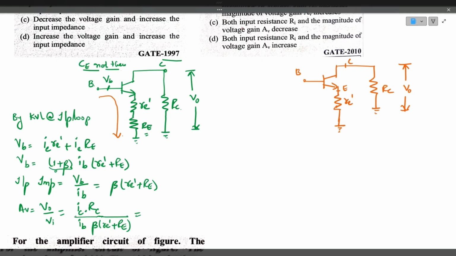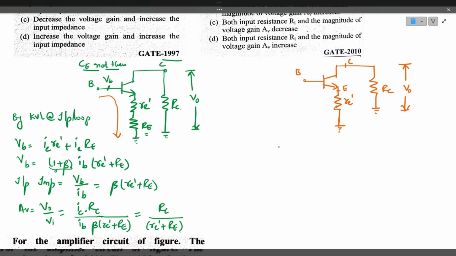Now IC by IB is nothing but the current gain beta. Beta gets cancelled. The voltage gain can be written as RC divided by (small RE dash plus capital RE). This is the voltage gain when the emitter capacitor is not available.